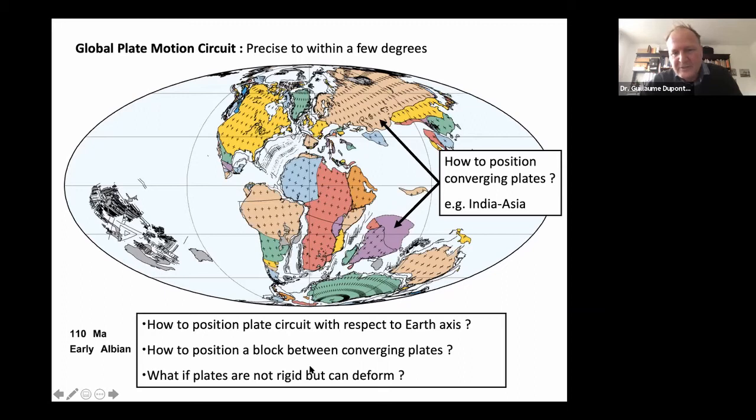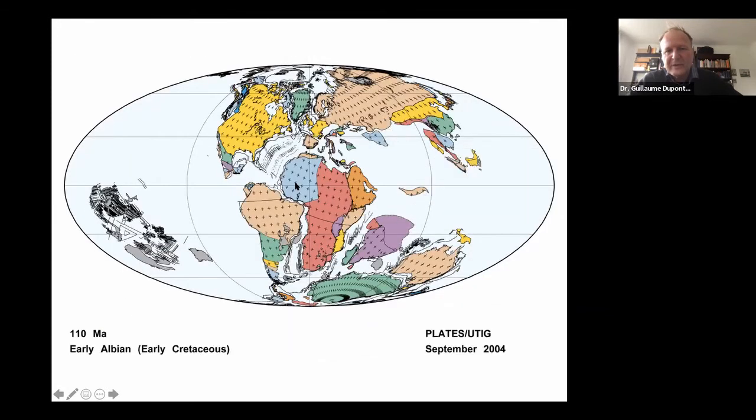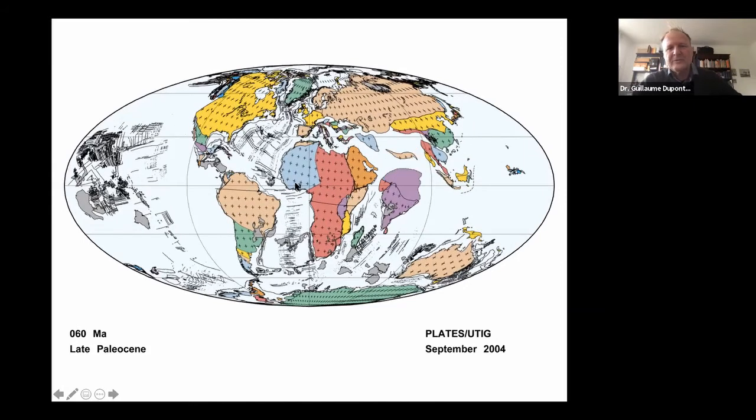And then the last question is just to introduce the last part of this class: plates actually can deform. When we do these reconstructions, we assume that plates stay rigid, but in fact they do deform.